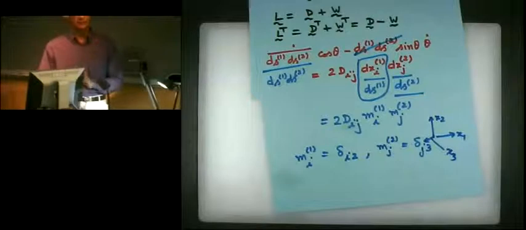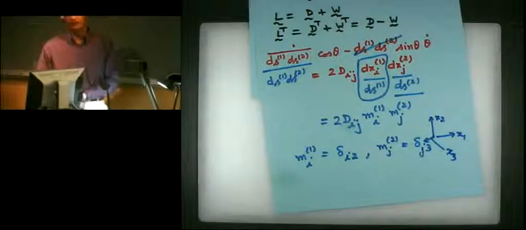I purposely took 2 and 3 rather than 1 and 2. You can choose any two vectors you like that are mutually perpendicular, and in this case I chose the ones along the coordinate axes.